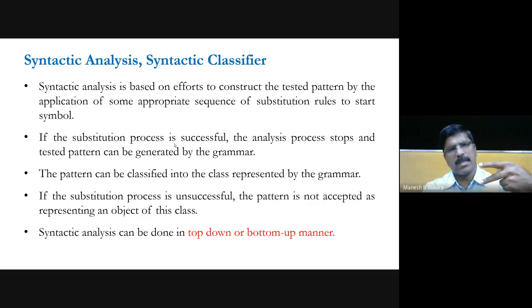G0 is the grammar associated with class C0, and G1 is the grammar associated with class C1. Then we apply the grammar or production rules of class C0 to the unknown pattern, and we see what kind of sequence or language we get. If it is matching with the language of C0, then we assign it to that class.